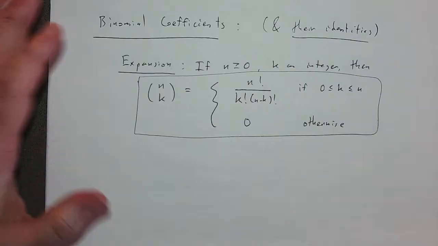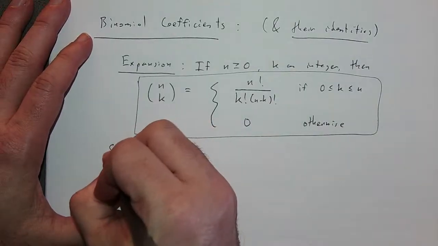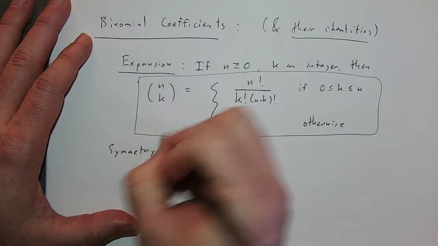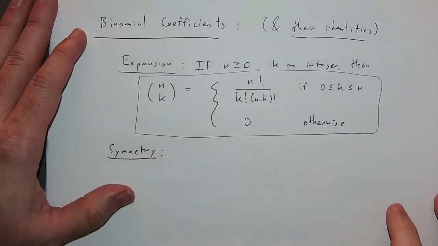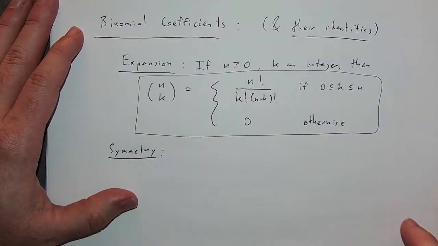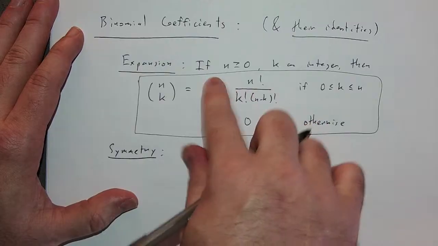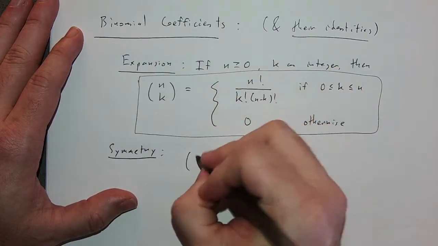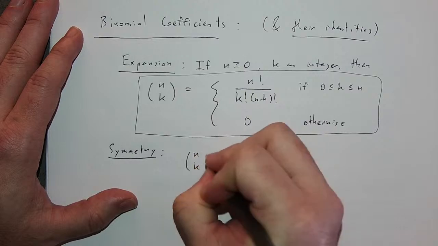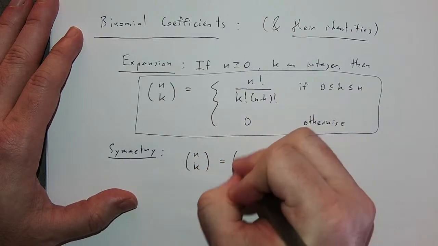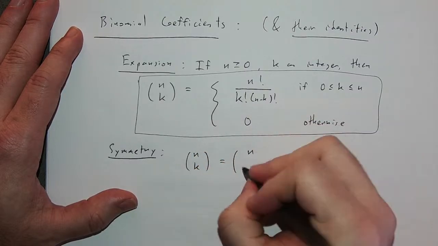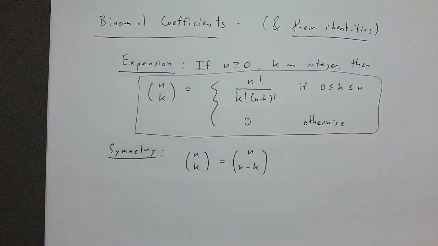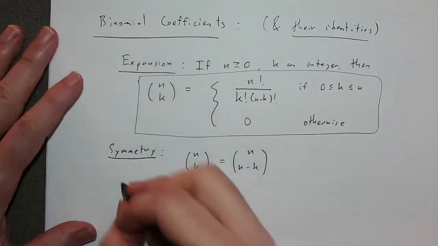And so I've just proved in words the following property, which is symmetry. So again, n is greater than or equal to 0, k is an integer. I'm not going to restate that for all of these. N choose k is the same as n choose n minus k. Quick proof, maybe I'll just write it out.